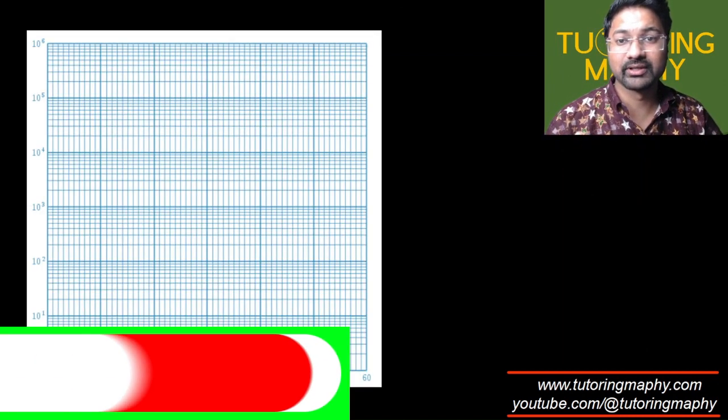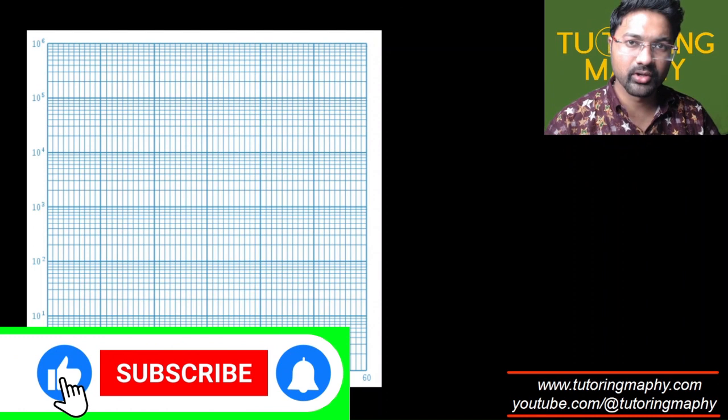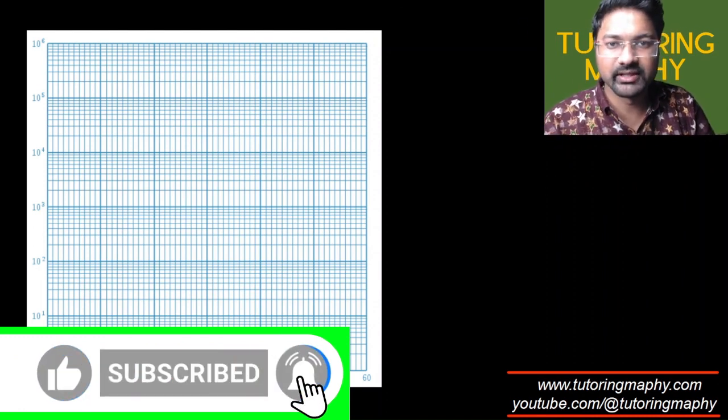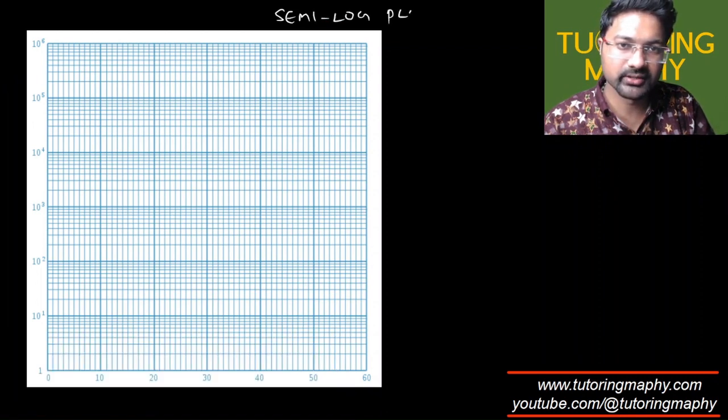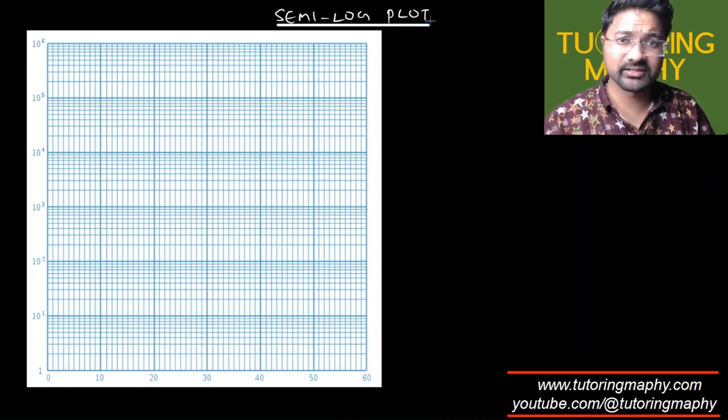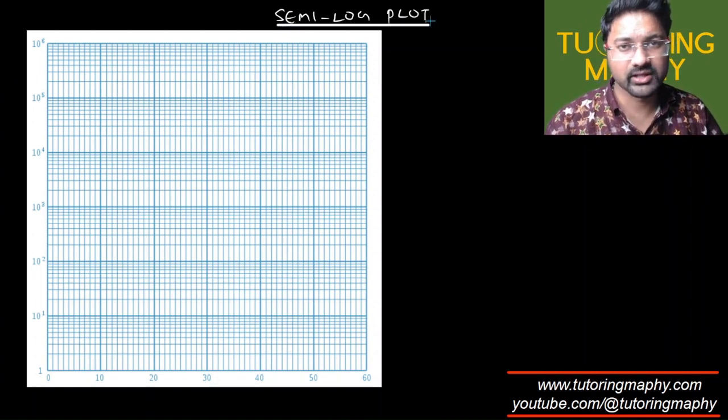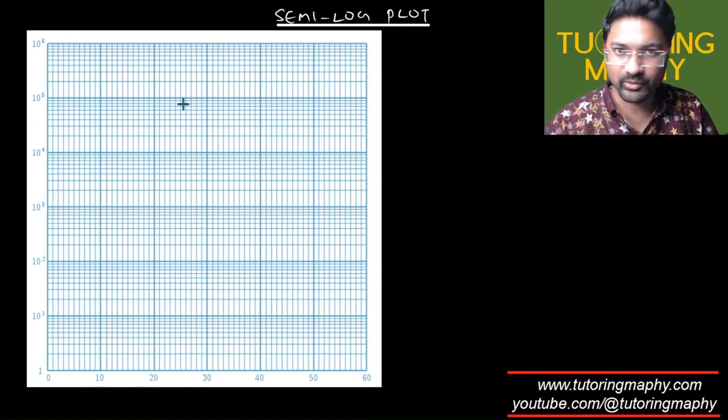And the next one is the semilog plot, where, as the name suggests, only one of the axes is logarithmically scaled and the other axis is just linearly scaled. It can be the x-axis or the y-axis, but most likely AP Precalculus is going to grill you on the y-axis being logarithmically scaled, so that's why I'm taking this sort of graph.